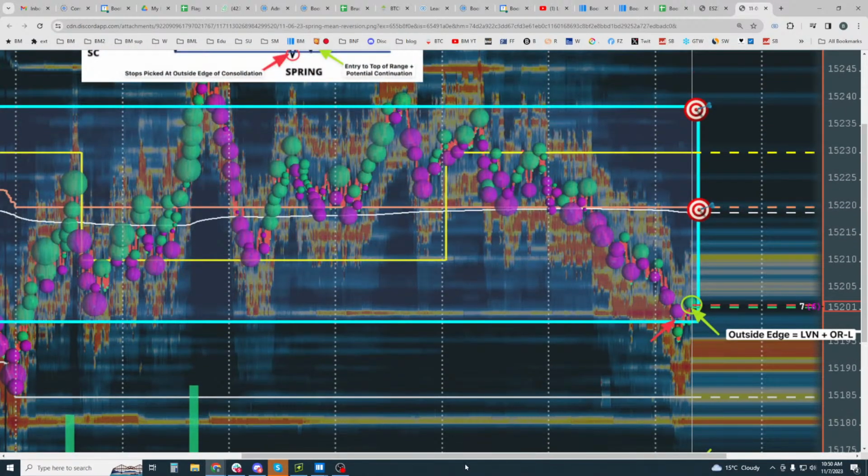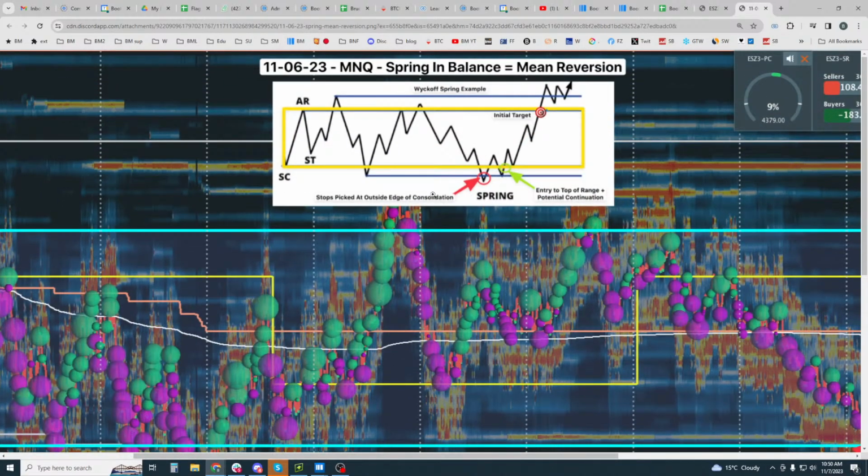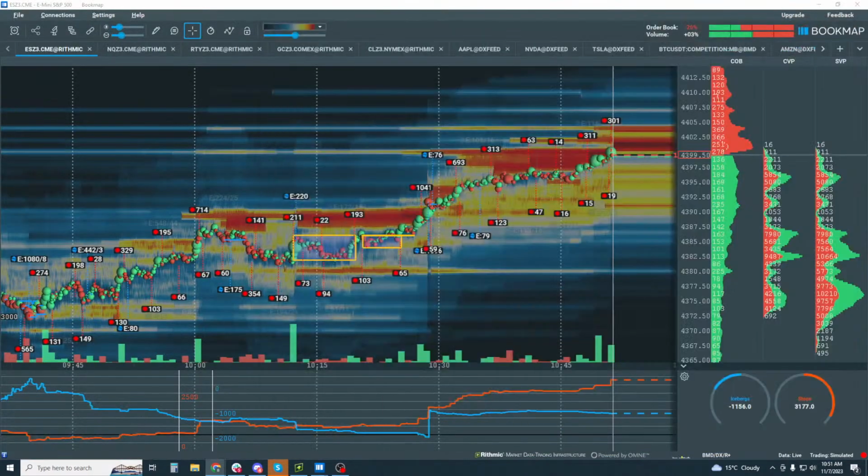Actually, I picked one where he's not showing it, but here it is in the image up here, his diagram, right? Stop pick outside edge of consolidation, very specific. He's looking for an edge, and that is a confluence. For his setup, that is an important confluence that he's looking for. So these things can be added in along the way, but start with the bigger picture, the strong moves.